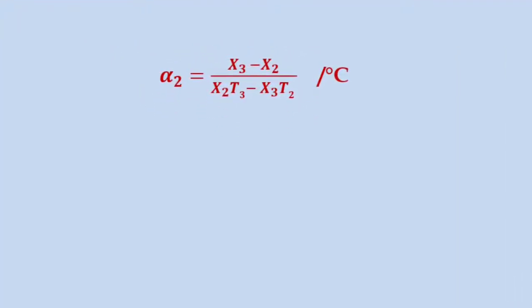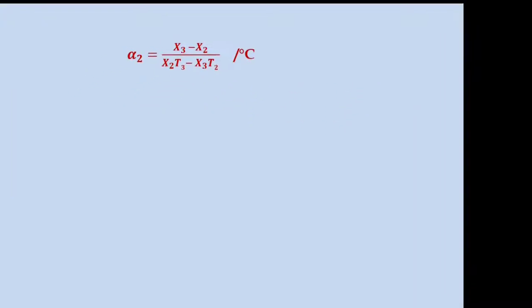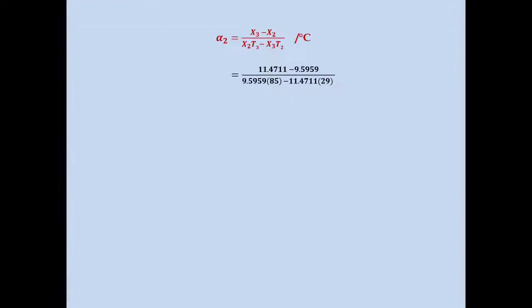So alpha 2 is x3 minus x2 divided by x2 T3 minus x3 T2. So x3 is 11.4711, minus 9.5959, divided by 9.5959 into 85 minus 11.4711 into 29.